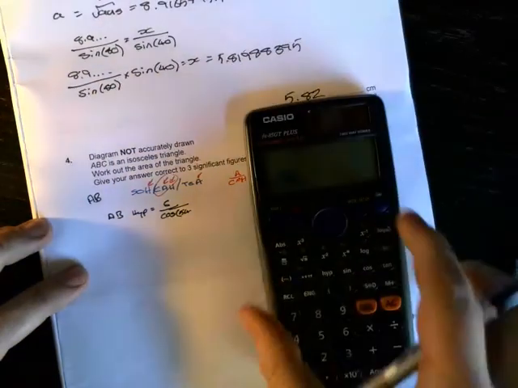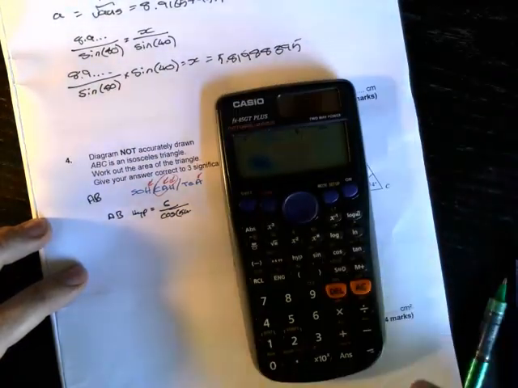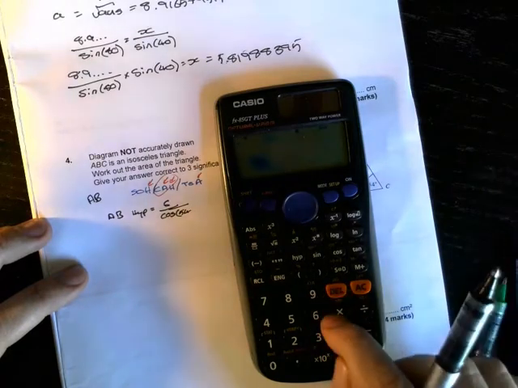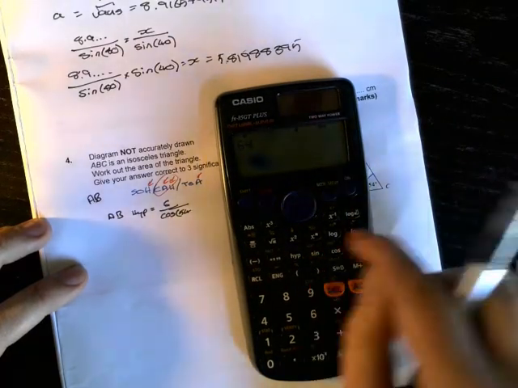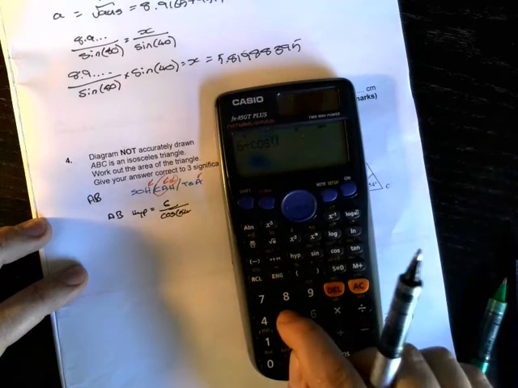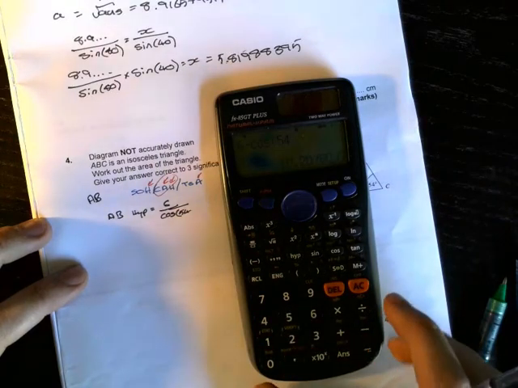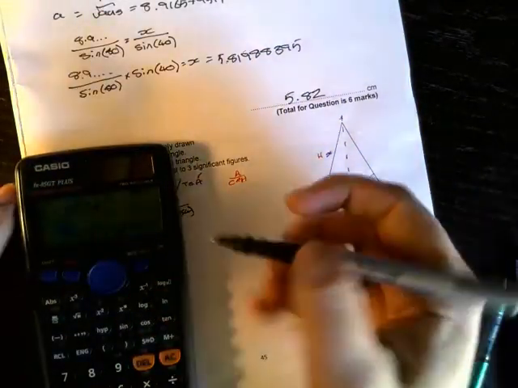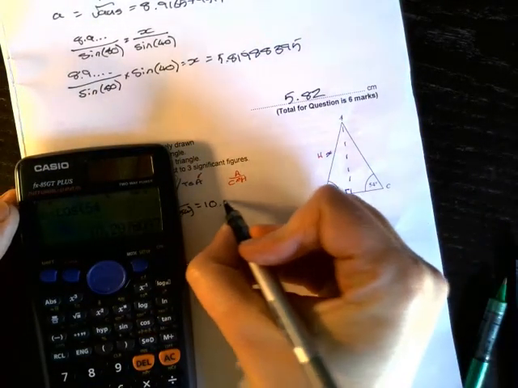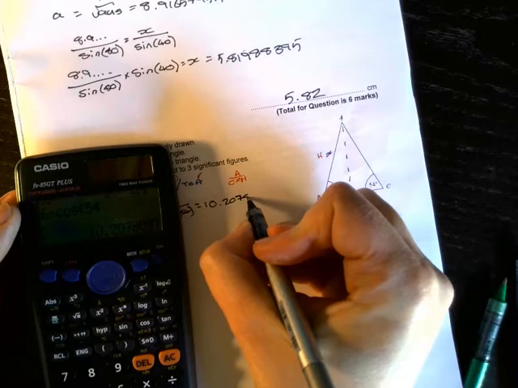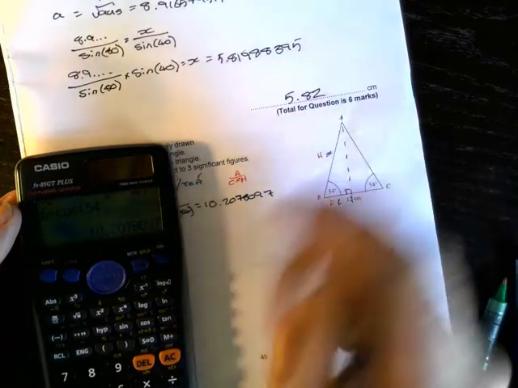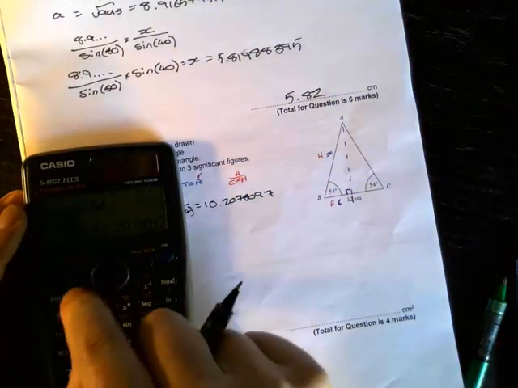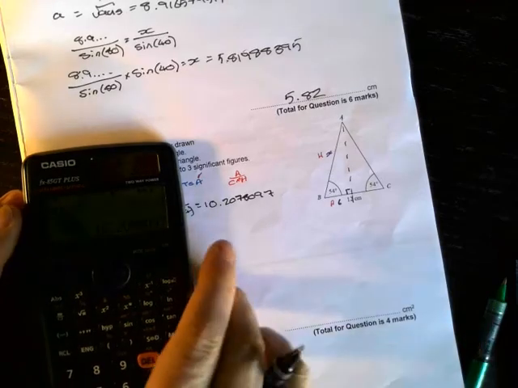So we'll grab our calculator now. We've got 6 divided by cos 54, and that gives us 10.207897. I'm going to want to use that later, so shift store, pop it in A.